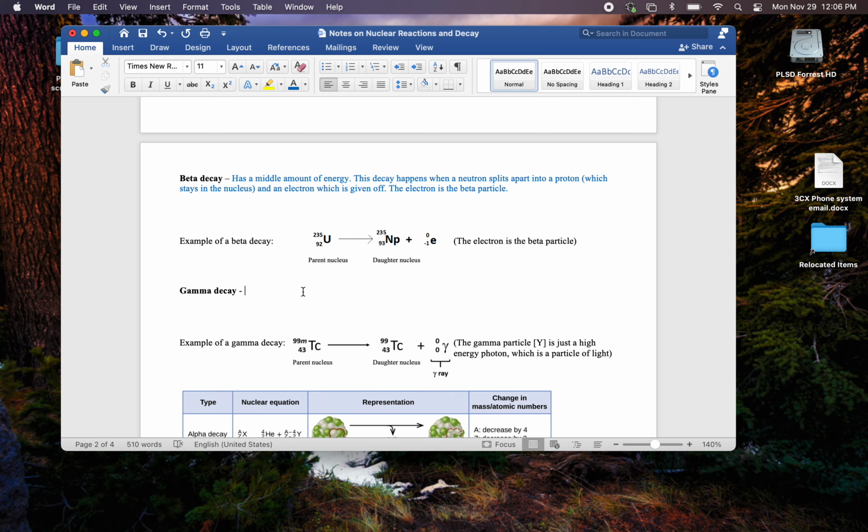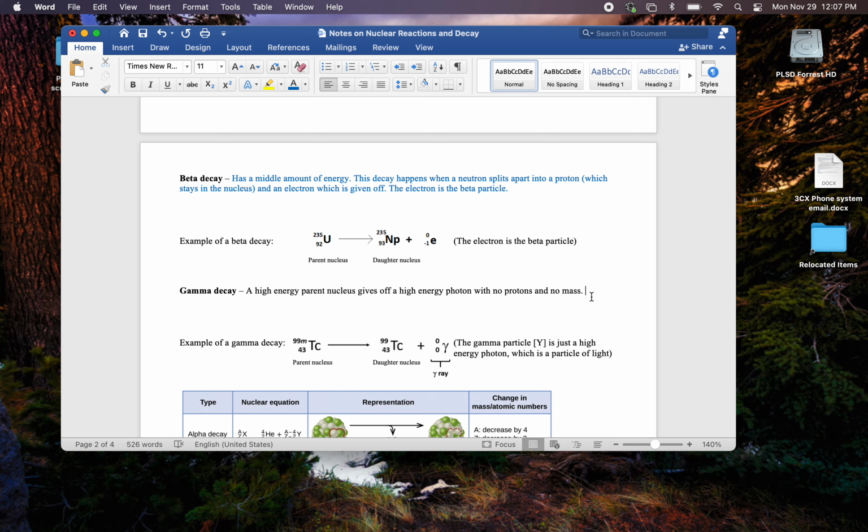The final one down here is gamma decay. Gamma decay is when a high energy parent nucleus gives off a high energy photon with no protons and no mass.